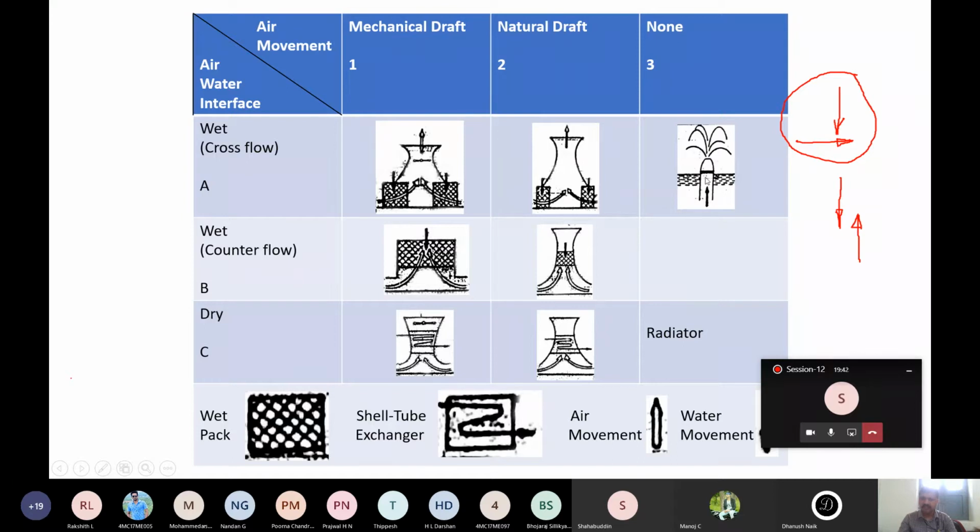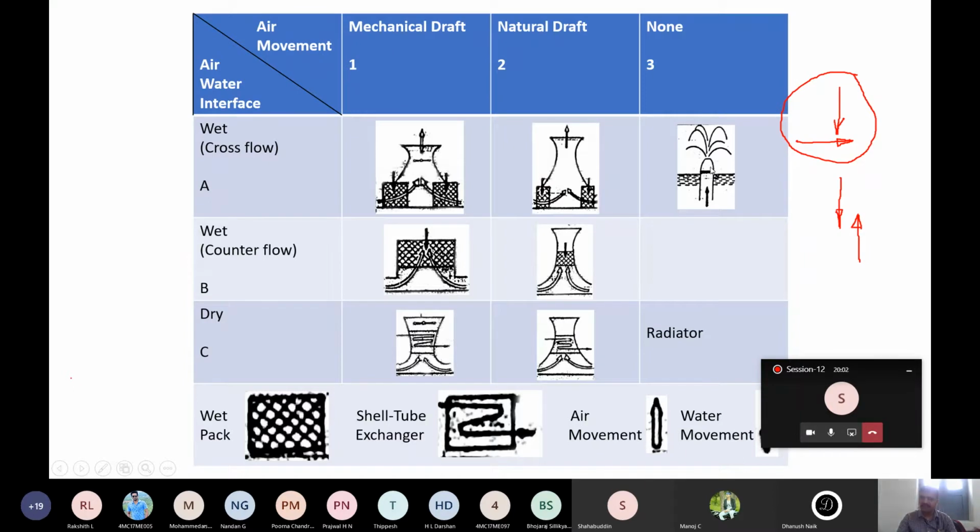Next, here you are not worried about draft, that means pressure difference. In the last case, what the designer is doing is simply allowing the water to flow through a nozzle.